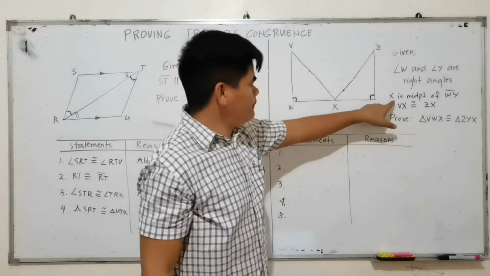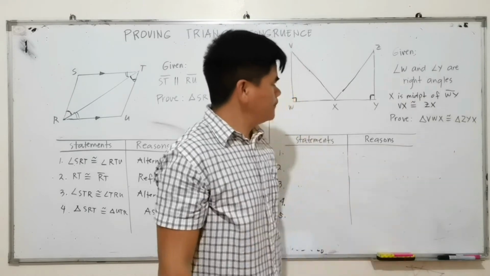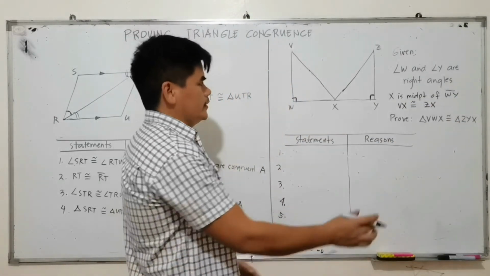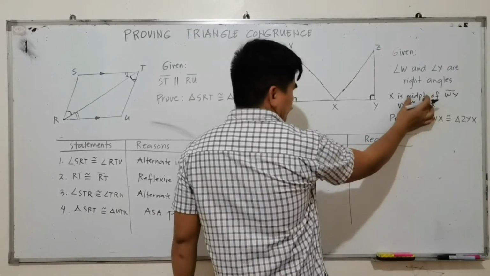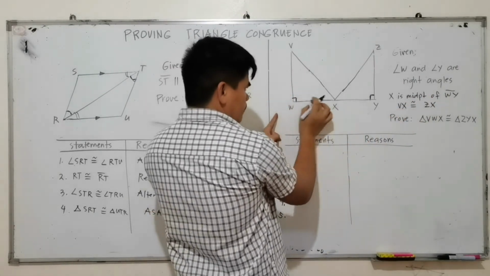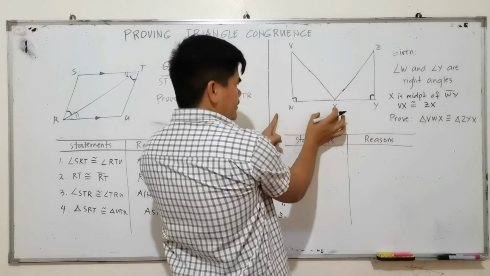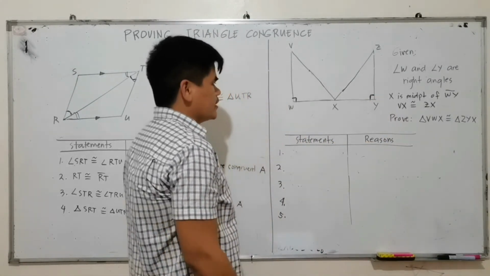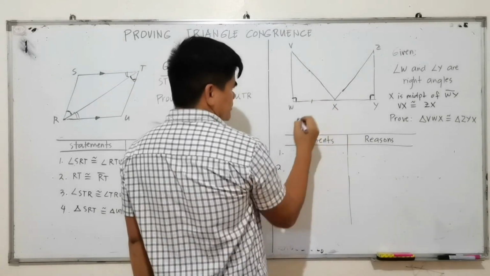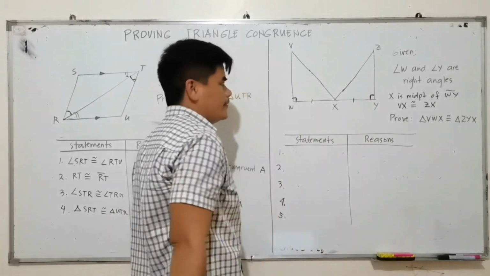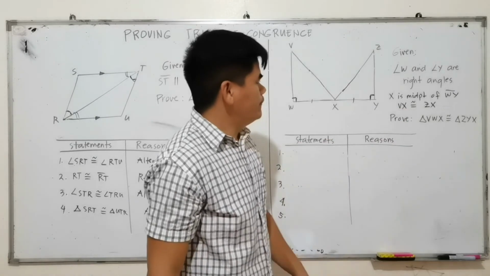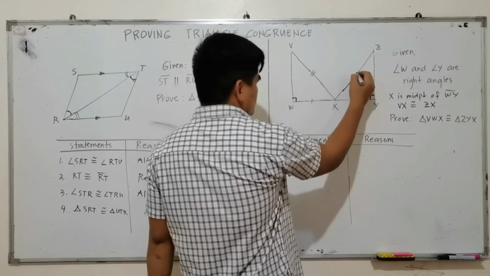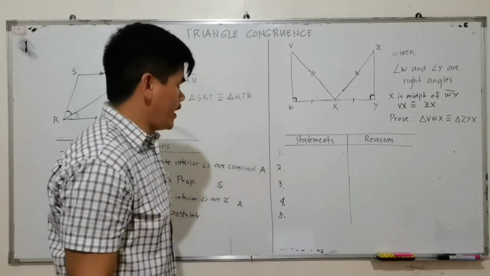Now, another given is X is the midpoint of WY. Since X is the midpoint of WY, this midpoint X divides the WY into two equal segments. So we have WX and XY. And another given is VX is congruent with ZX.